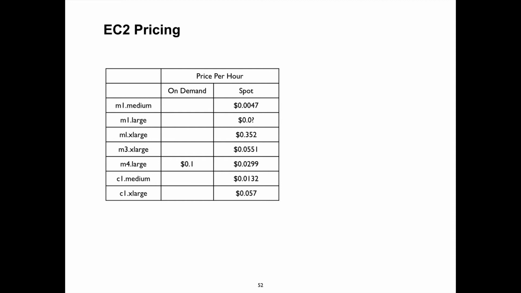On-demand is like, we'll do it right now. 10 cents per hour is the price. They used to charge you per hour, rounding up to the nearest hour, but now I think they charge you per minute.